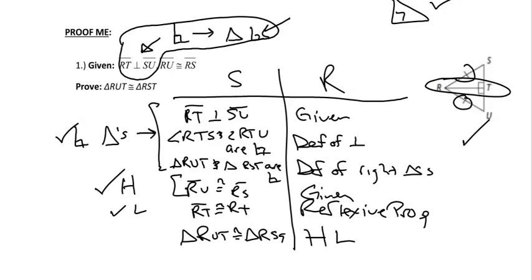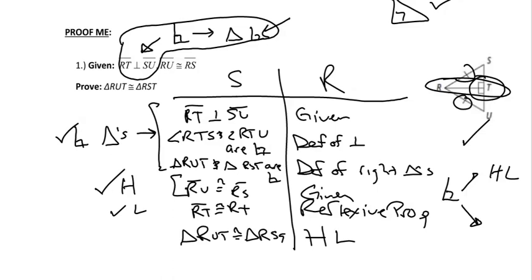They have trouble figuring out how to use a right angle. Am I going to say they're right angles, therefore they're congruent? Or am I going to say they're right angles, therefore they're right triangles? The way that you use right angles is, if you are going to HL, then you say they're right angles, therefore they are right triangles.